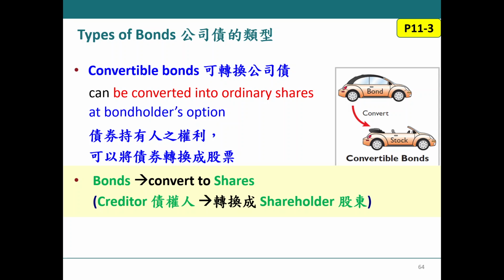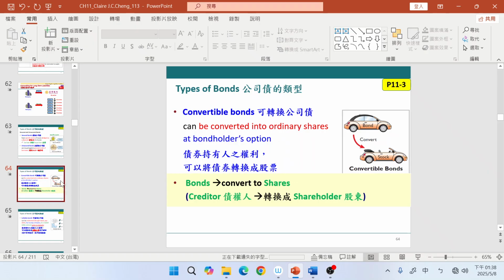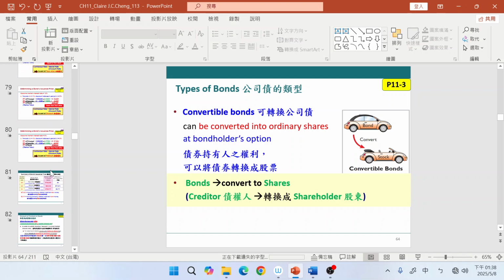So this one, bond becomes shares. They will make your bond retired, invalid. Okay? So this is another situation. When we talk about retired bond, your bond is invalid.